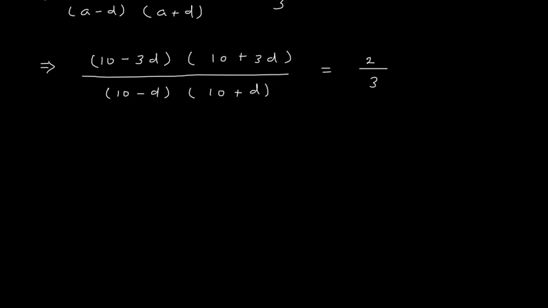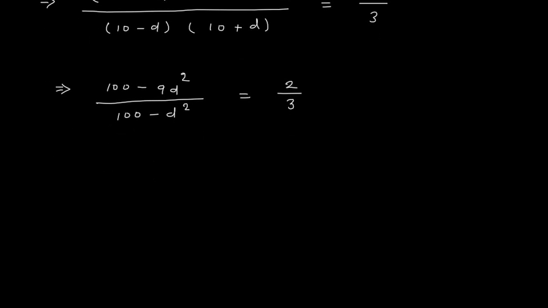Okay. So 10 minus 3d into 10 plus 3d is nothing but 100 minus 9d square, divided by 100 minus d square, and this is 2 divided by 3. So let us cross multiply. Cross multiplication will give me 300 minus 27d square is equal to 200 minus 3d square.